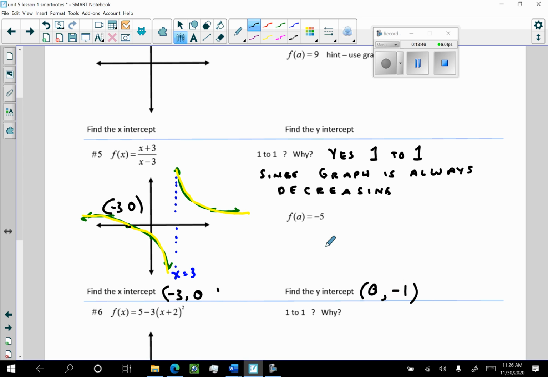Now I want to know what maps to negative 5. Well, negative 5 is down here, folks. So it's going to have to be an x value greater than 0 and less than 3. So let's see if it is. Negative 5 is the output, and a is the input. I'm going to put a into the function.